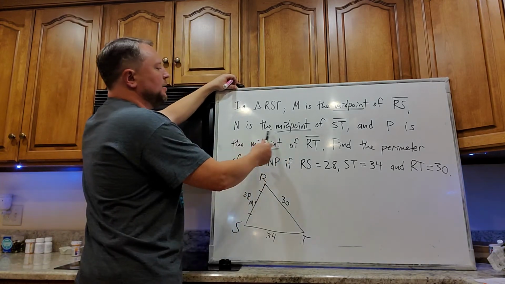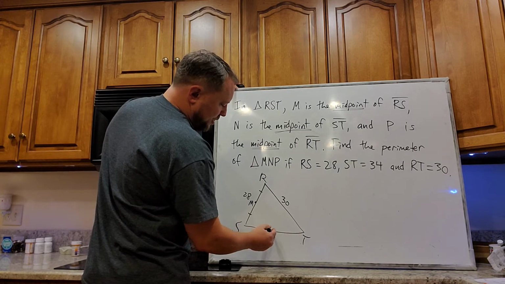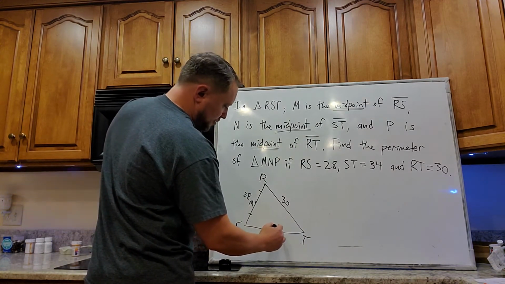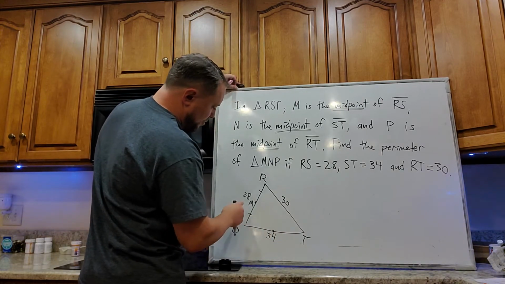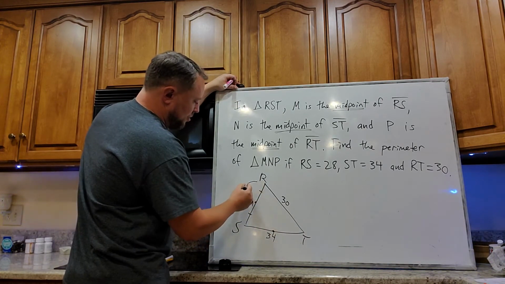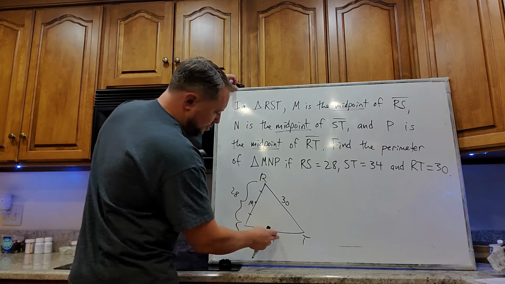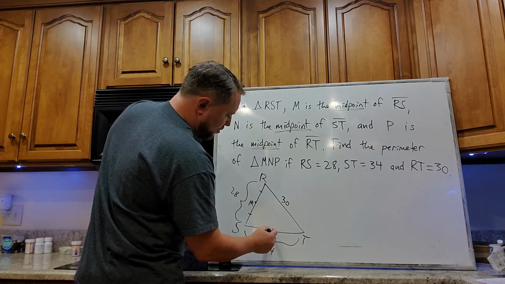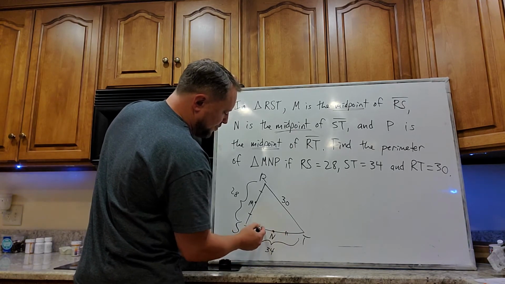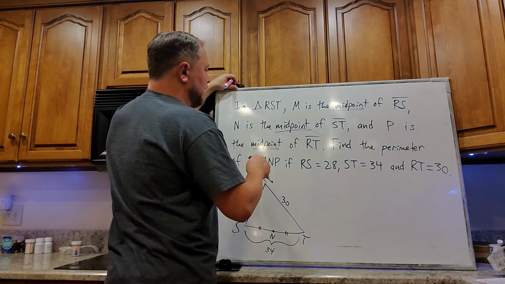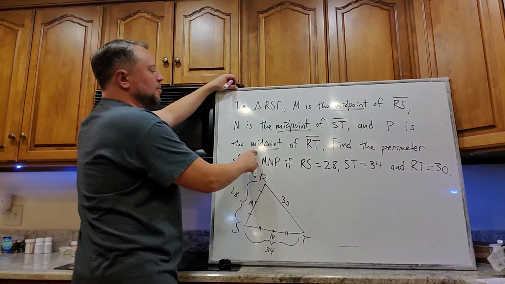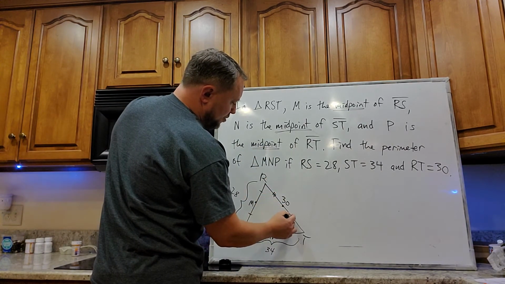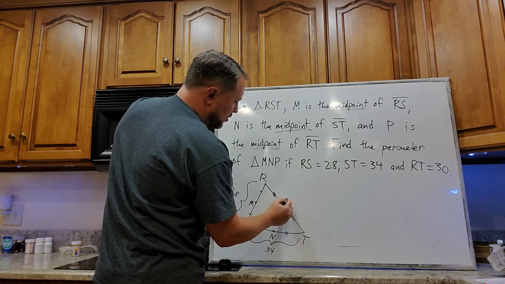N is the midpoint of ST. There's the middle of that, that's the point N. There, that's 28. That's 34, and there's that midpoint N. And finally, point P is supposed to be the midpoint of RT. So right in the middle of RT here is point P.